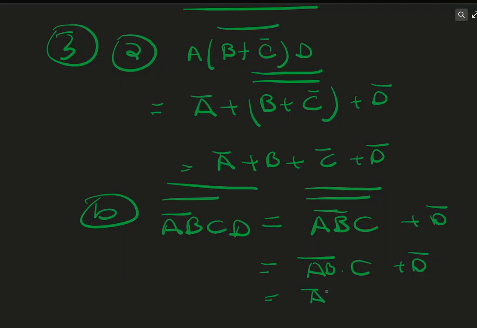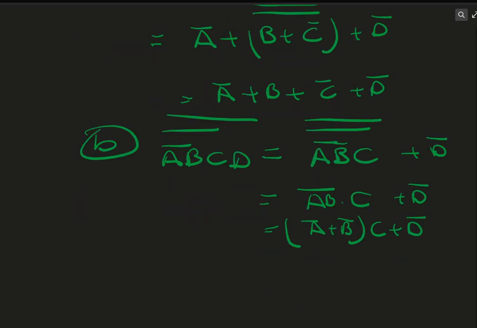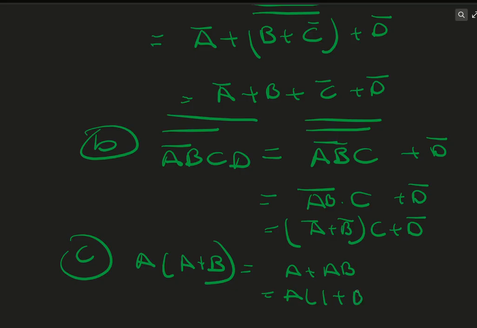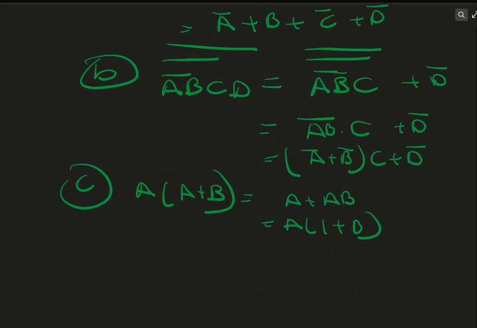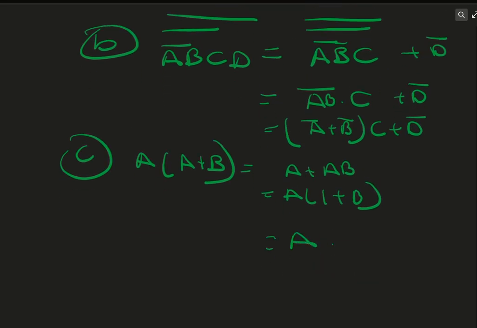So we can do it like this: A plus B prime into C plus D prime. Okay, A plus AB equals A plus AB, and then you take the common, and this 1 plus B is 1. So you can remove the B, it's going to be just A.